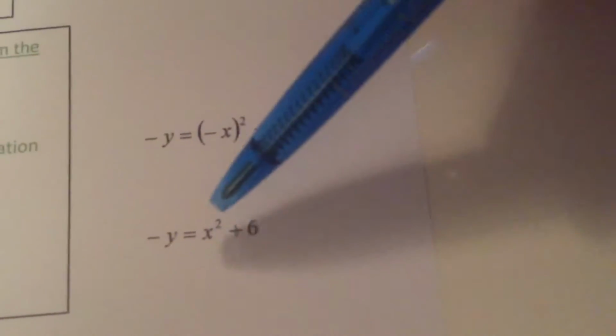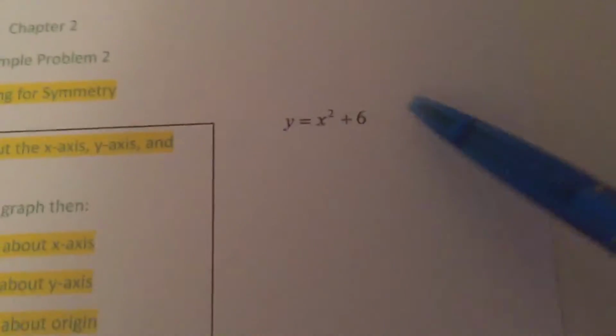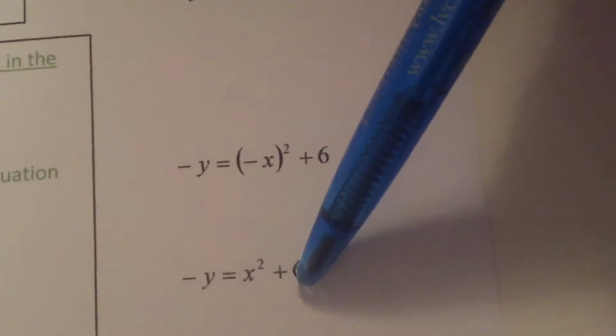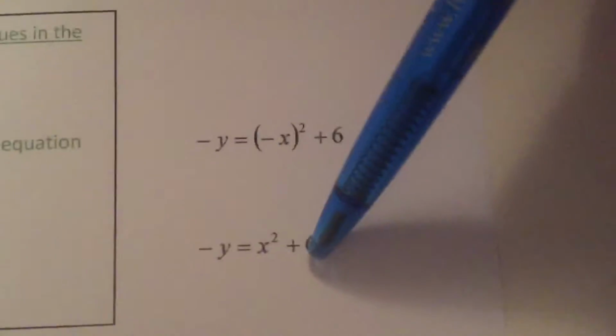Obviously, this would simplify to x squared plus 6, but we're stuck with this still, and this isn't the same as that. So that would mean that it's not symmetrical about the origin because it ends up not matching the original equation. So our solution would be there is symmetry about the y-axis only.